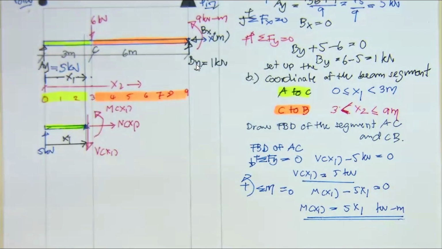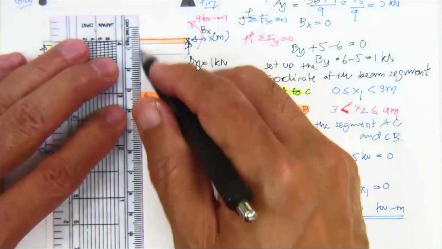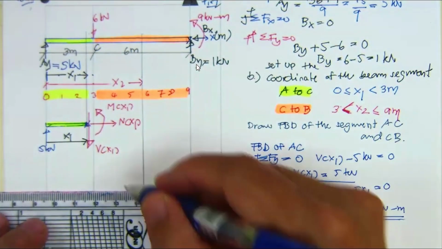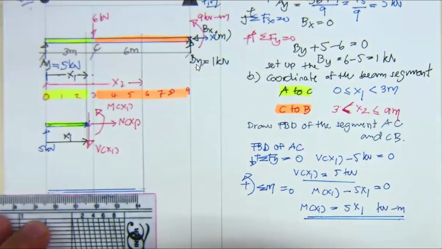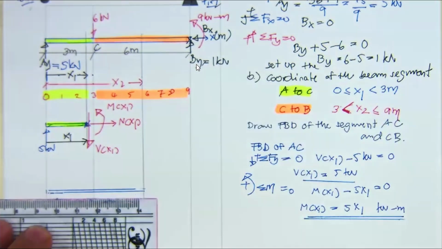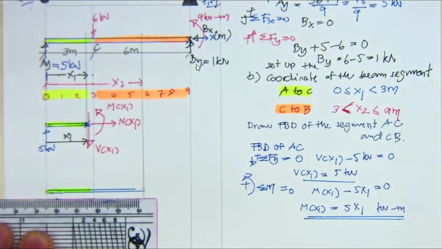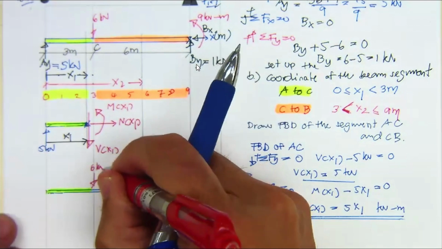Now you have another portion. You just cut it again over here. Now you separate into portion one. You already finished the calculation from A to C, and then at C we have the force of 6 kilonewton.